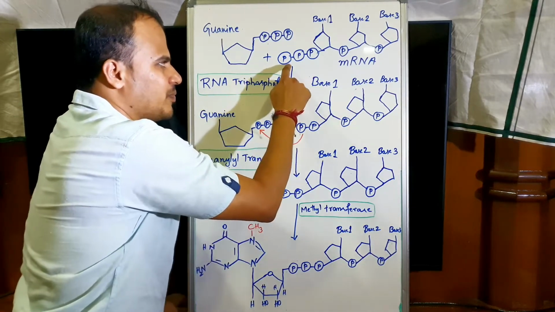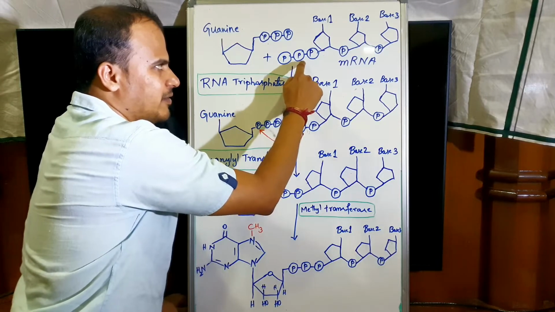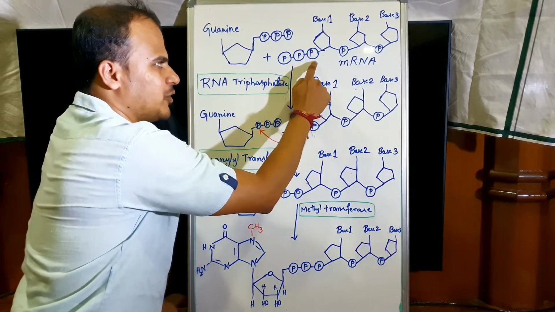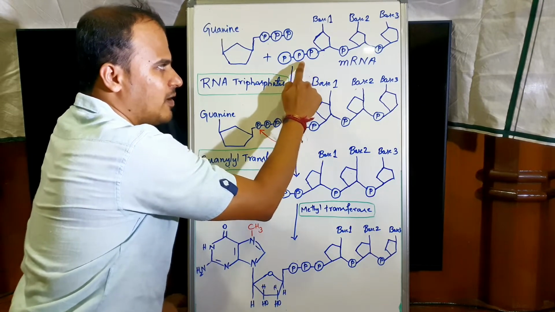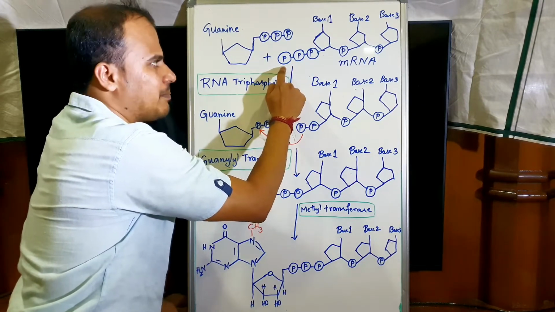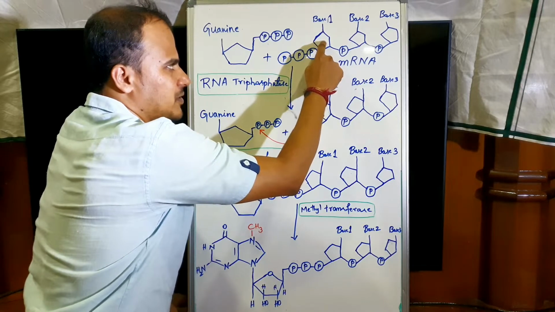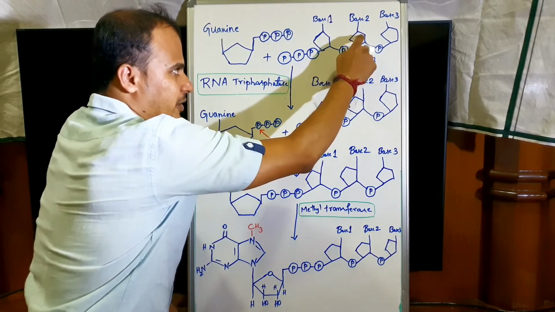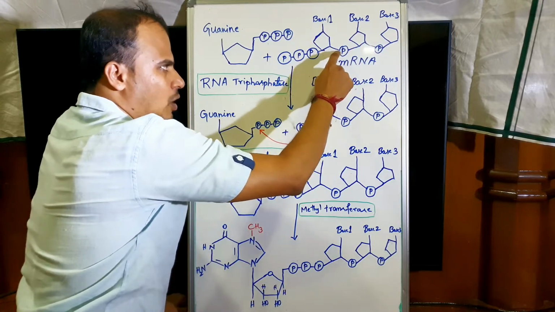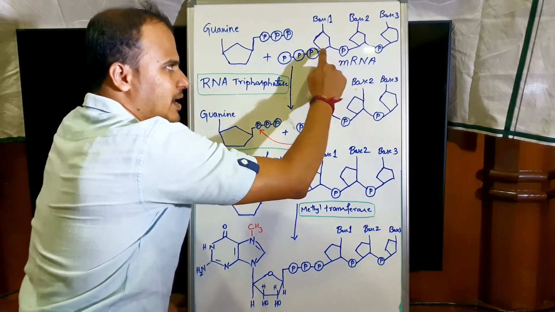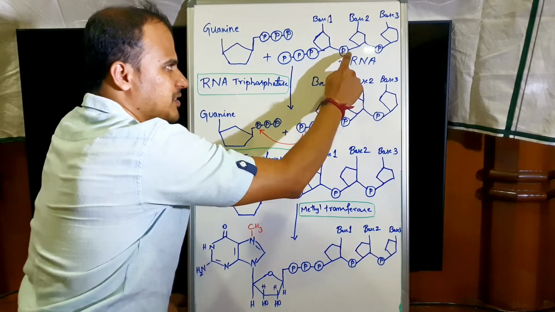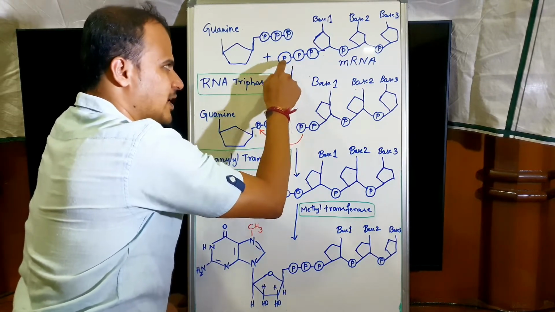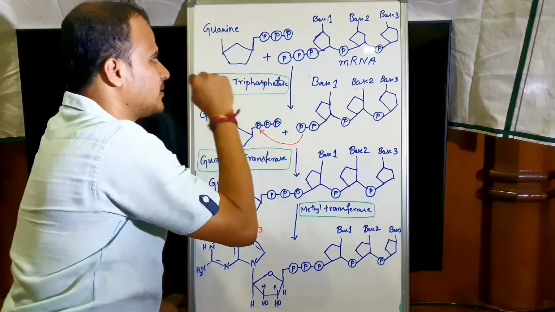As you know, the first nucleotide of the mRNA carries 3 phosphate groups: alpha, beta and gamma. So this is the first nucleotide, second nucleotide, third nucleotide. All the other nucleotides are interconnected by phosphodiester linkages. The first one has 3 phosphates and they are left free.